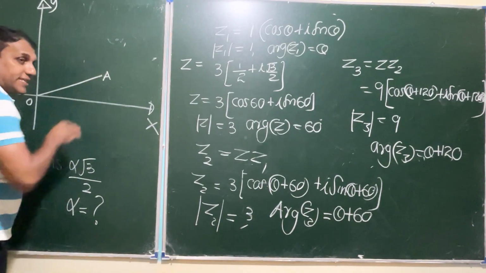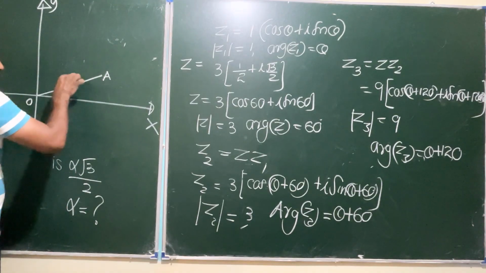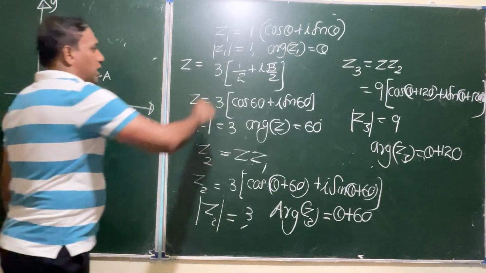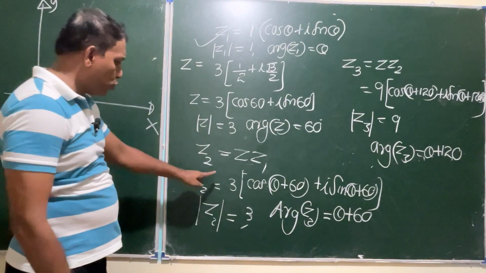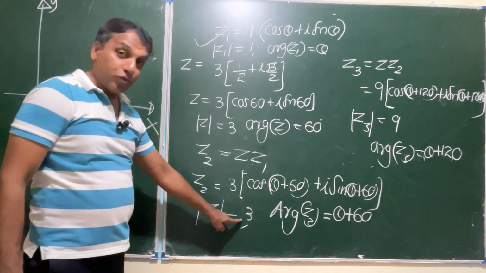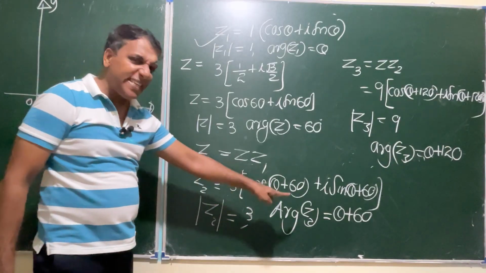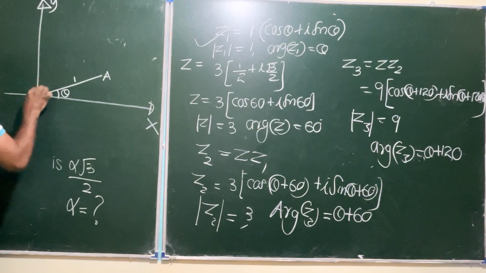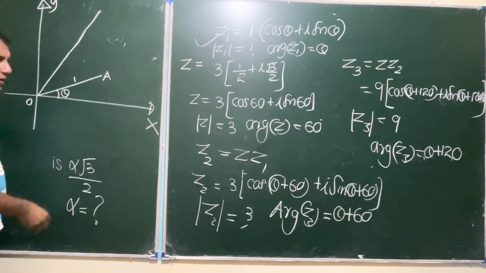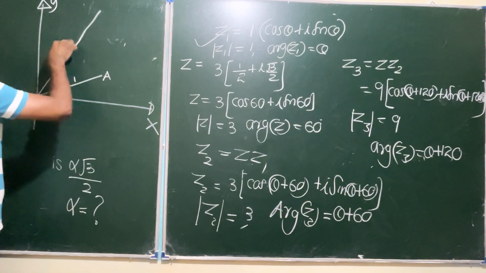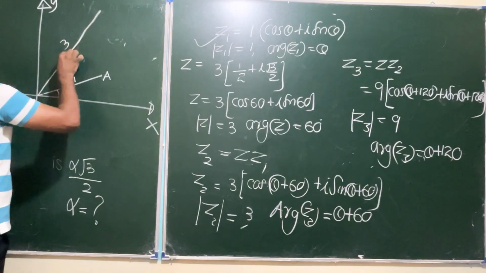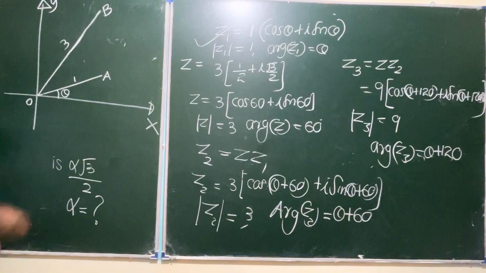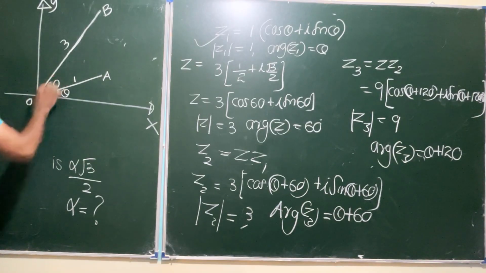This is Z1, represented by A, 1 unit and angle theta. Okay, that is right. Now come to Z2, 3 units modulus, angle theta plus 60. You have theta and another 60, but a little bit longer, 3 units, no? This is 3 times that, right? That is B, okay, right. So it's 60 degrees, okay.